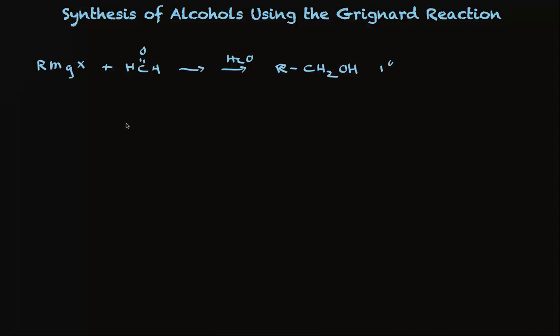When a Grignard reagent reacts with other aldehydes, the product is a secondary alcohol. When the carbonyl compound is a ketone, are you ahead of me here? The product is a tertiary alcohol.